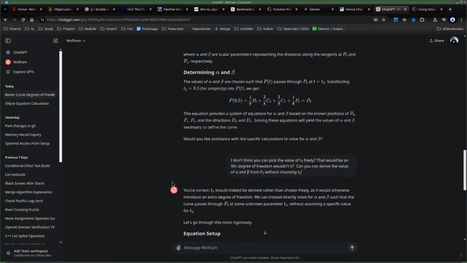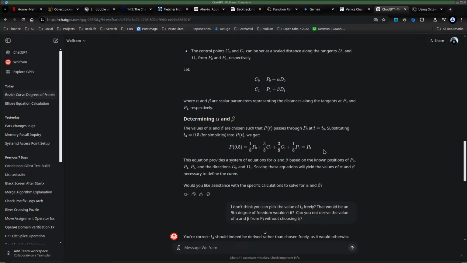So we do that, then apparently we call this equation, and then we can solve C0 and C1 from this.